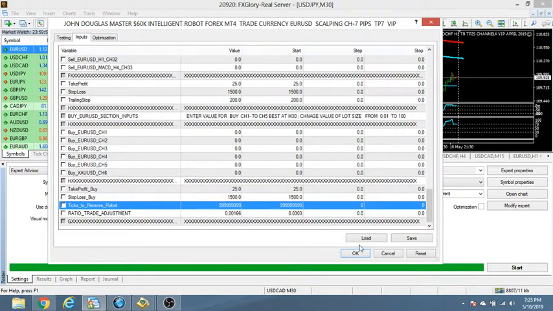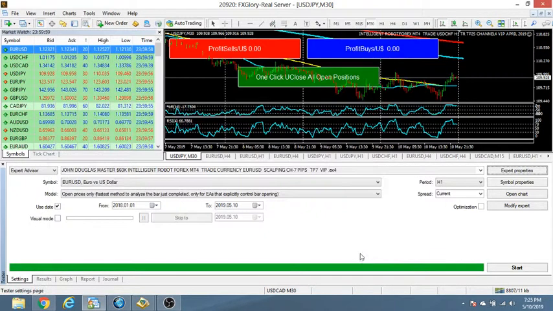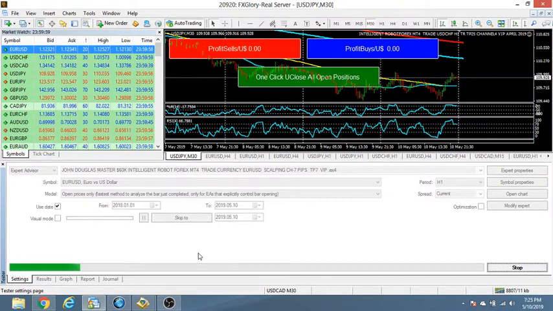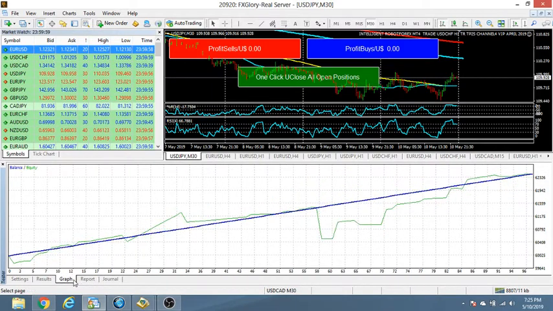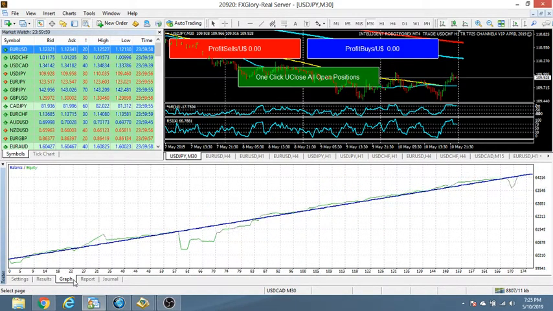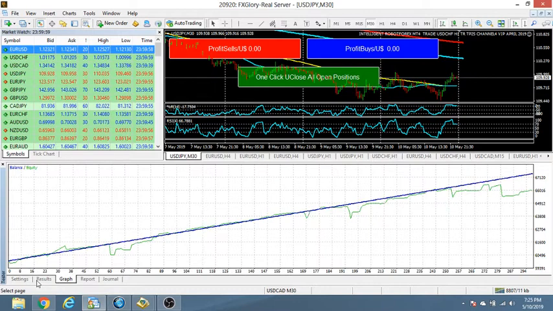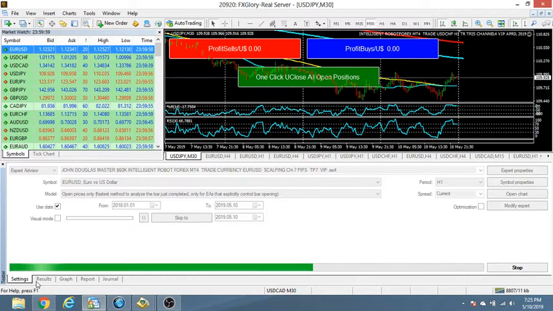Let's start this one and you'll see it. Now we start at 0.1, which is how we want to start it. The right values mean we start at 0.1.